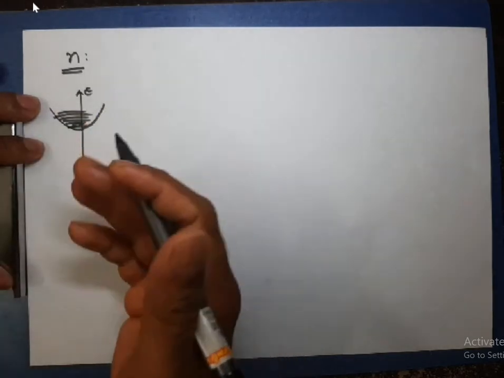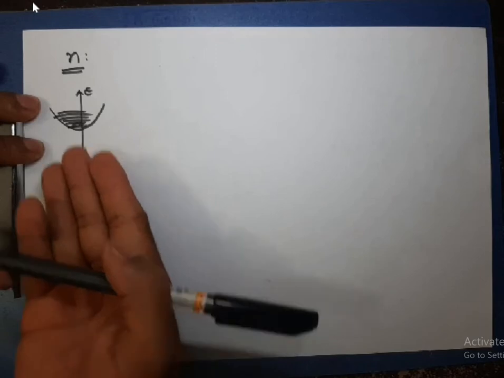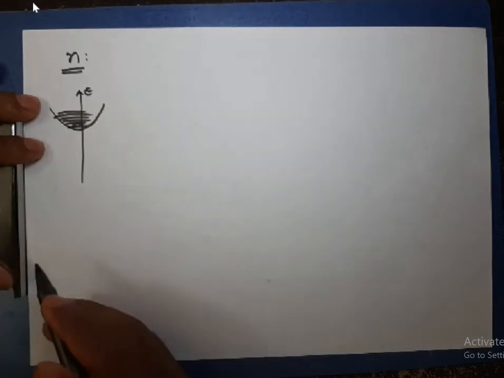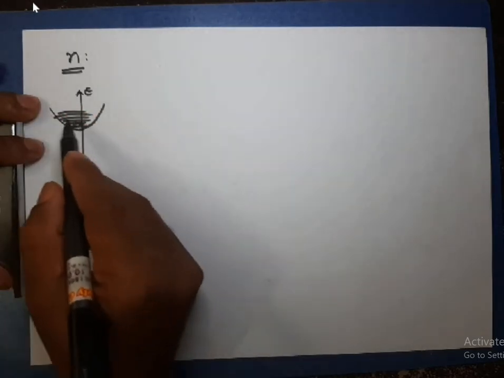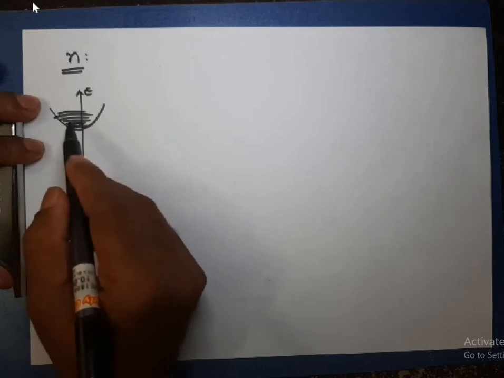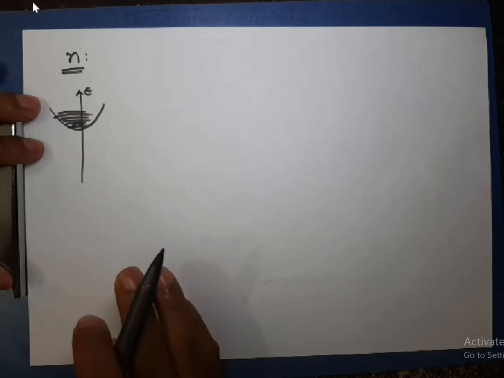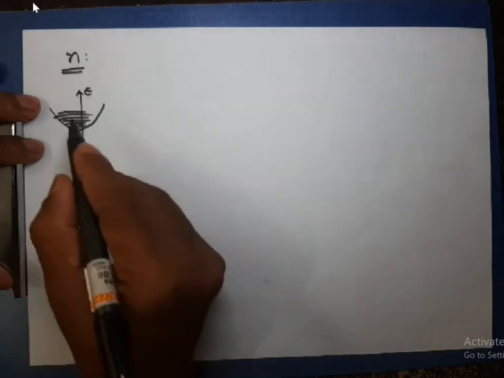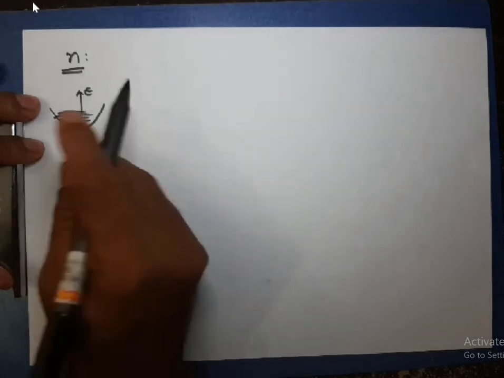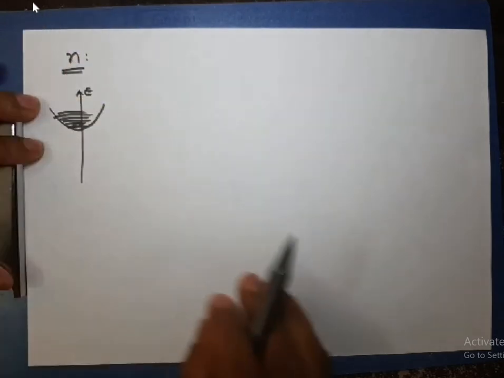Due to thermal excitation only, the electrons move to the conduction band. Therefore, the number of electrons occupying the energy levels is less, so we need to identify how many levels are actually occupied.